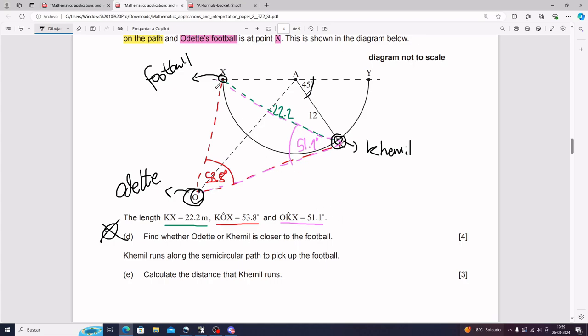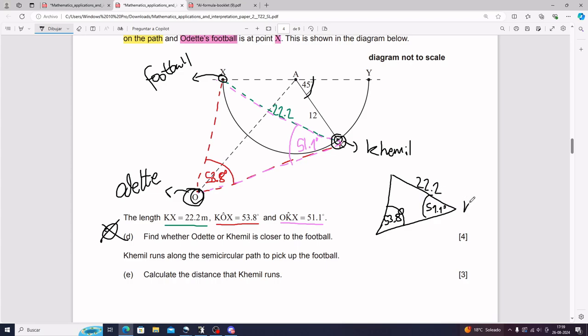Okay, so really what I'm dealing with is this triangle that just got created between red, pink, and green. So let's redraw it so that it's a little bit easier to handle. Right now, you know that this is 53.8 as an angle, right? You know that this is 51.1 as an angle. You know that this side is 22.2.